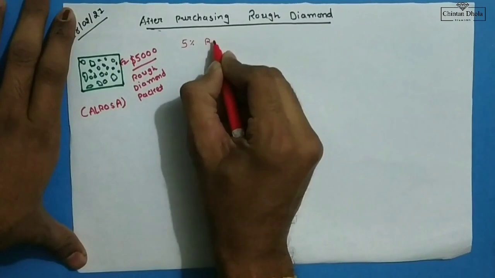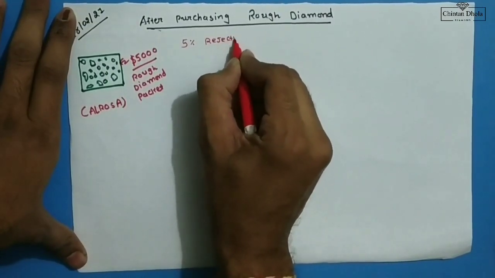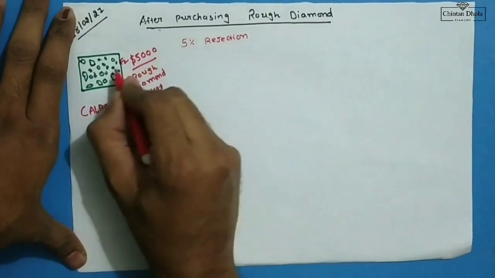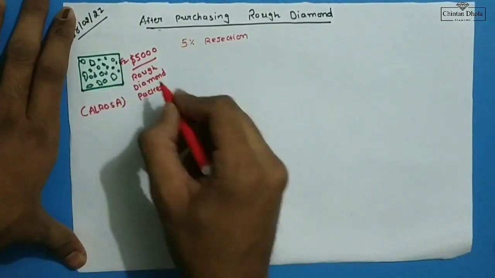After that we get 5% rejection. Now we have to remove this 5% from this. The price is also plus.